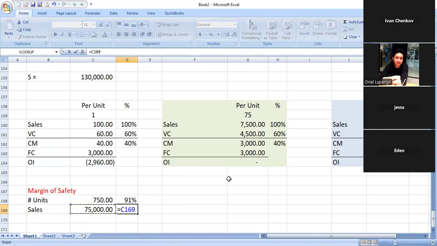That will be the margin of safety divided by where you currently are. So as you can see, as a number of units and as sales, it's always the same. 91% is your margin of safety.